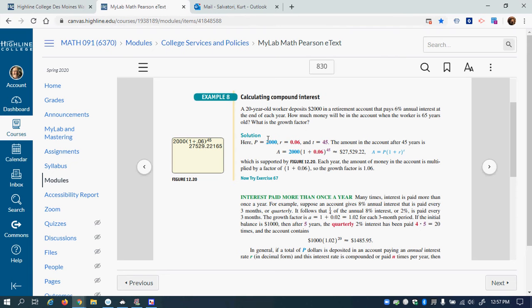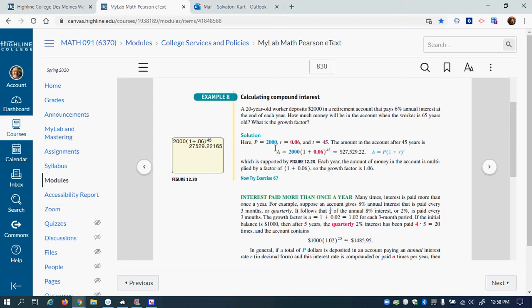Again, we know that he invested $2,000, that's all he invested, and his interest rate is 0.06 because it's in decimal form, and we go to 45 because we take 65, how old he is when he retires, and then subtract 20 to give you the 45. So now you put it all into the equation. You get 2,000 times 1 plus 0.06 to the 45th power, and so in 45 years you'll have $27,529. Okay, so this is how much you have later on.